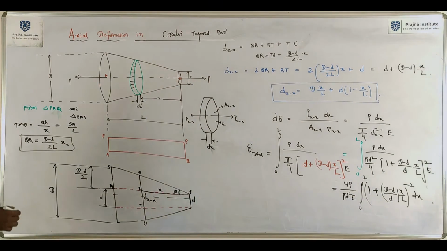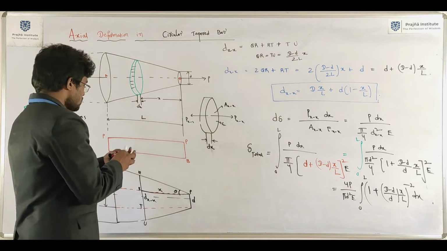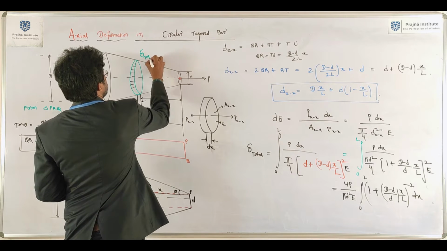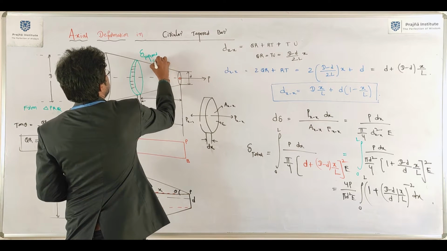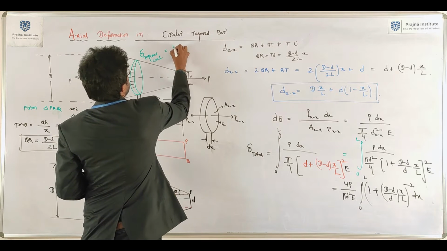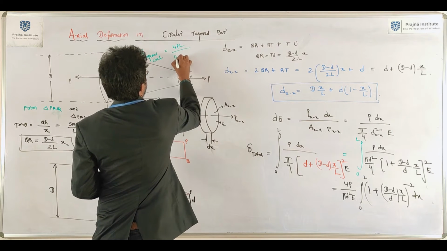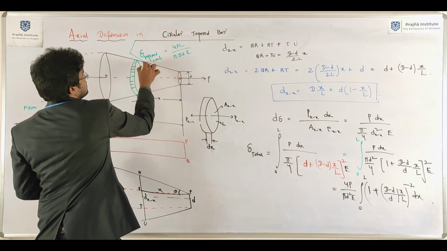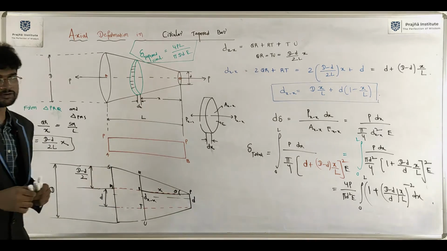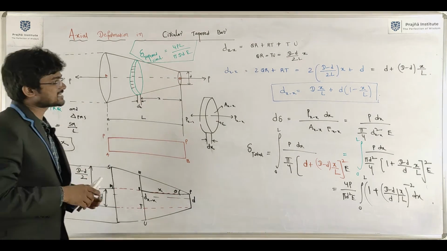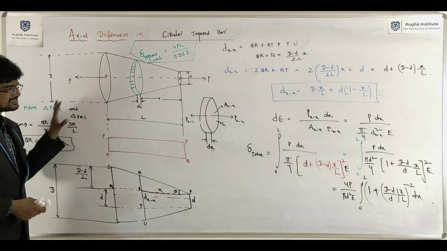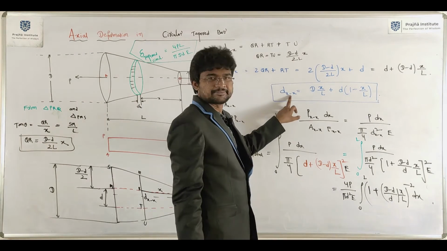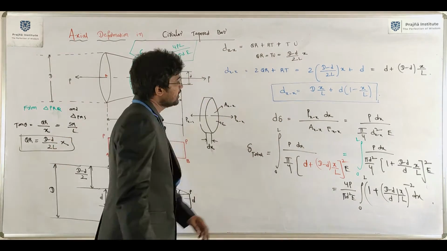It's a matter of doing integration. What is the final answer here? Delta for the tapered circular bar equals 4PL by pi capital D d into E. This we can derive, no issue. First, build the expression for dxx. This is just algebra, small calculations, a little geometry.